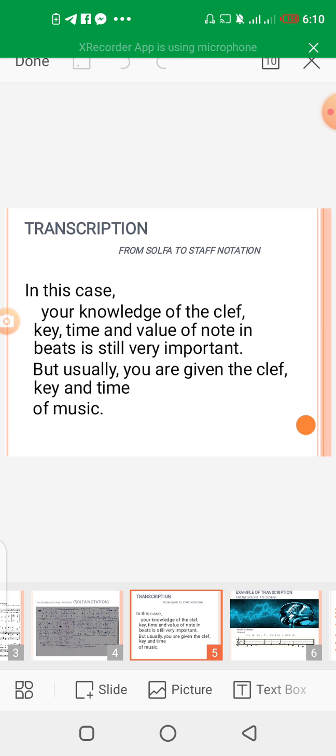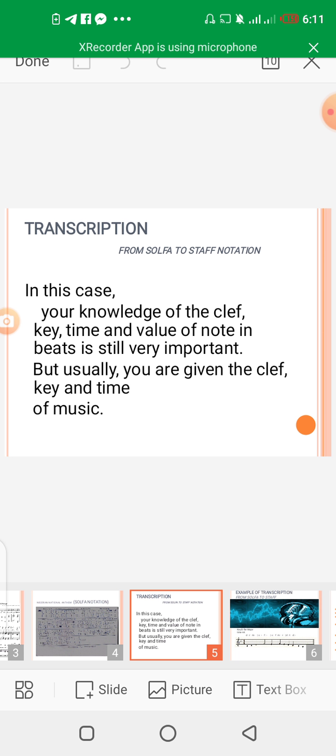Now, in this case, your knowledge of the clef, remember we also mentioned this last week, the key, the time, and the value of notes in beats is still very important. But usually, you are given the clef, key, and time of the music.